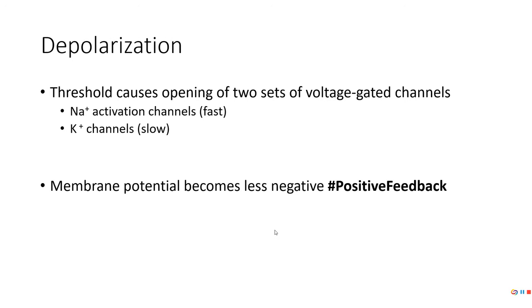When we hit threshold, 2 things happen. The sodium activation gates open, and they open quickly, immediately. The potassium channels, on the other hand, open relatively slowly. As a result, almost immediately, sodium is able to go through those double doors into the cell, and that makes membrane potential less negative. This is a positive feedback loop.